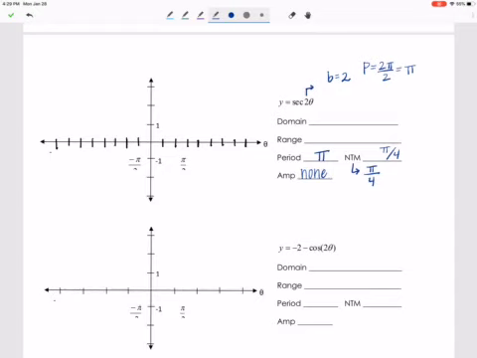All right, so secant is the reciprocal of cosine. Cosine normally starts at 1, therefore secant will also have a point at 1. However, our very next line at pi over 4 will be undefined. And at pi over 2 will be down at negative 1.